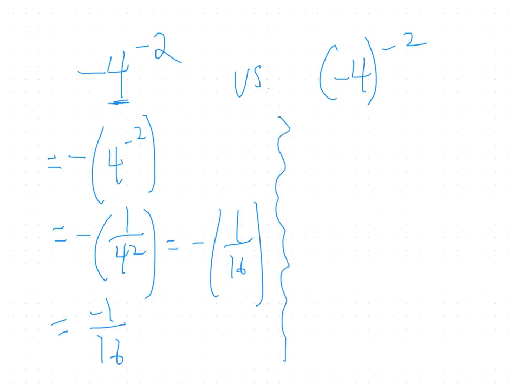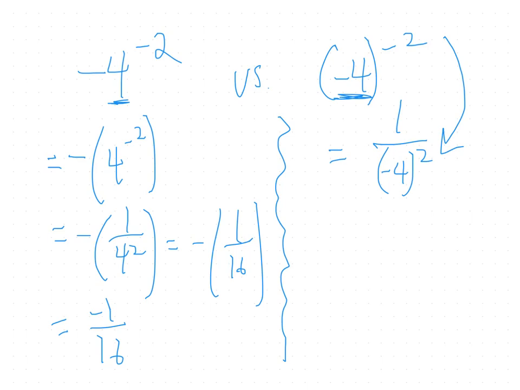On the right, the base is negative 4. So this becomes 1 over negative 4 squared, because the negative exponent becomes positive in the denominator, and you bring the base down. On the left, the base is 4, so only 4 is brought to the denominator.